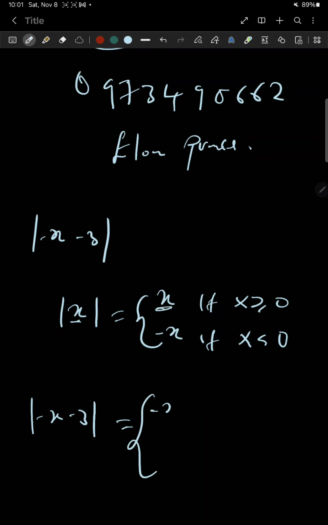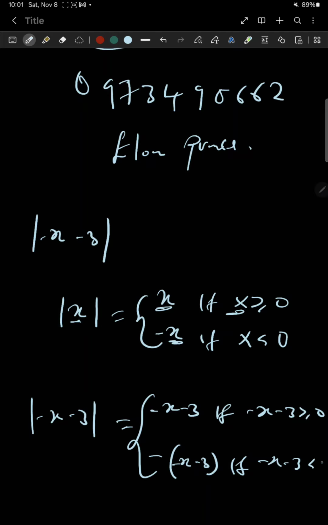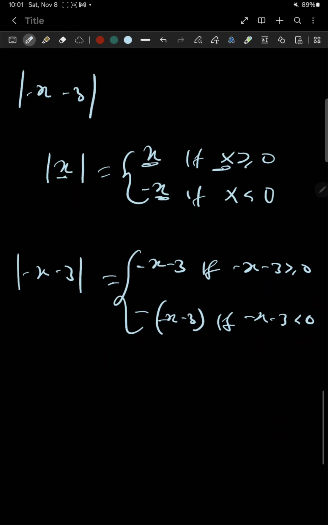So I'll replace here negative x minus 3. Even here I'll replace negative x minus 3 greater than or equal to 0, then even there I'll put the negative outside, then negative x minus 3 if negative x minus 3 is less than 0. Now if you want you can solve it, or leave it there. It's okay.